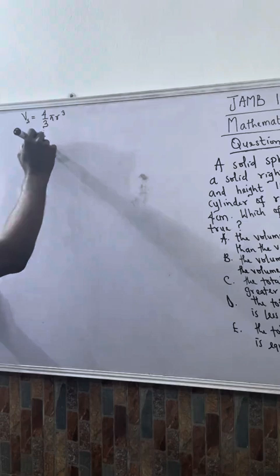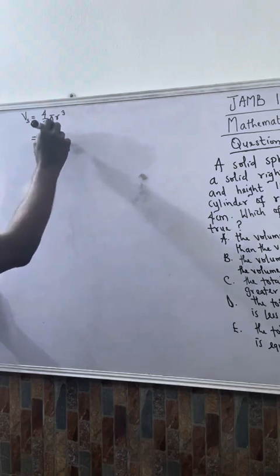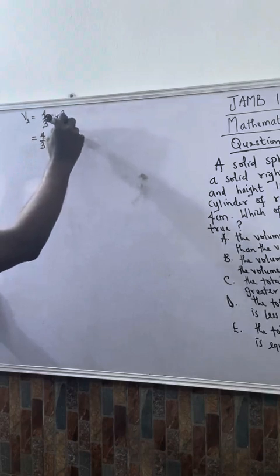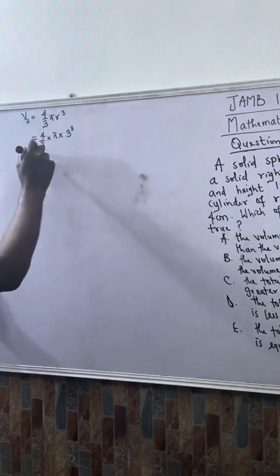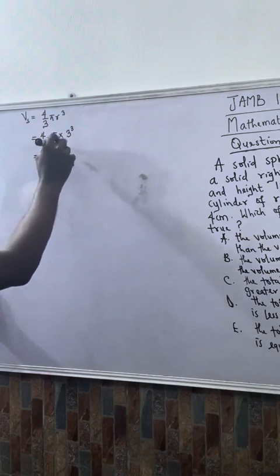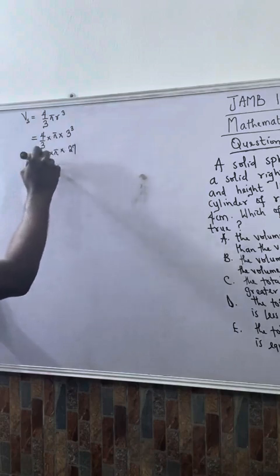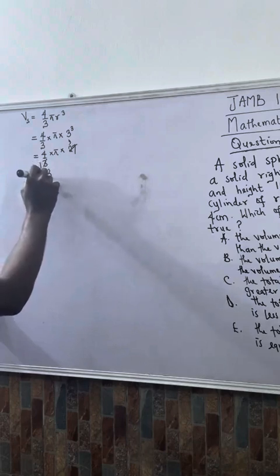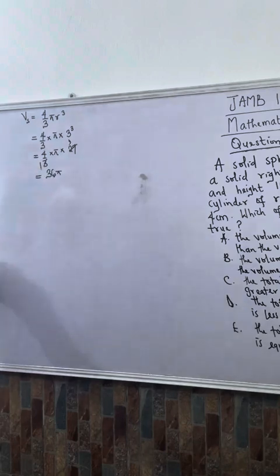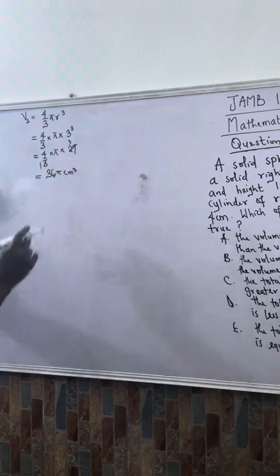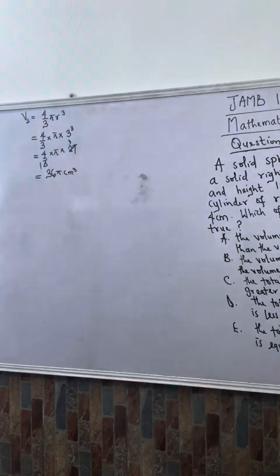That will be 4/3 times pi times 3 raised to power 3, so 4/3 times pi times 27. The 3 cancels with 27 to give 9, and 4 times 9 gives 36 pi. So the volume of the sphere is 36 pi centimeter cube. I want to leave my answer in terms of pi.